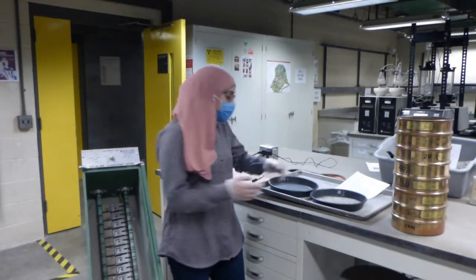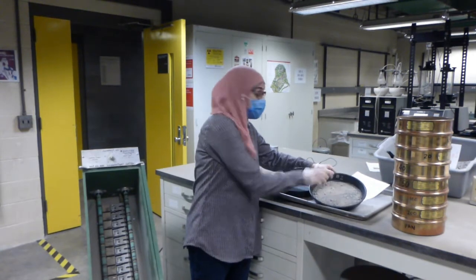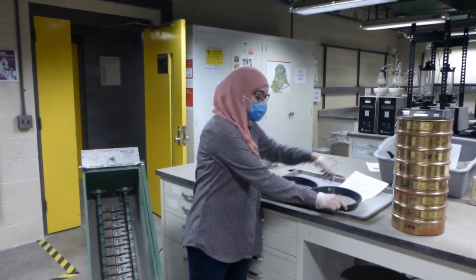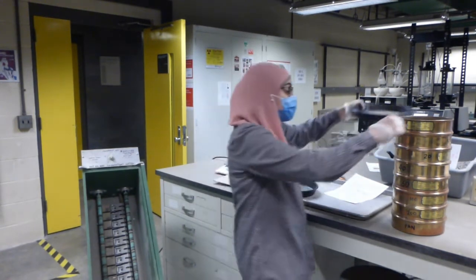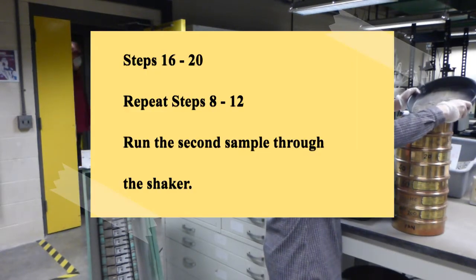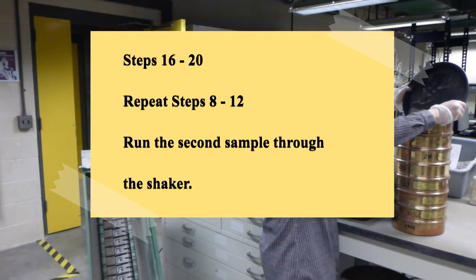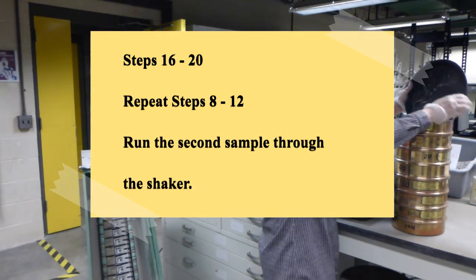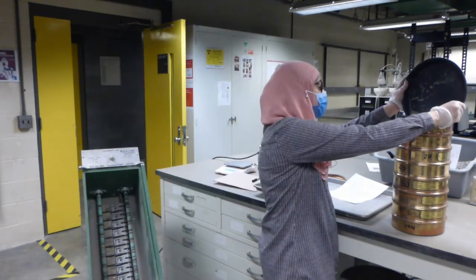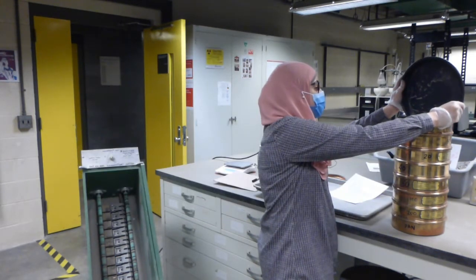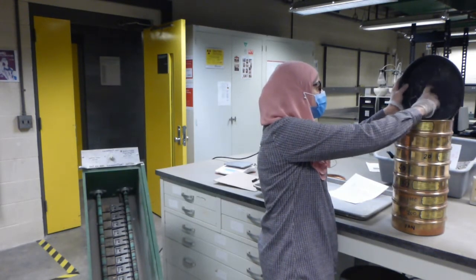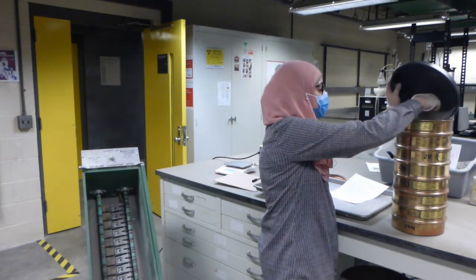Now we will run the test on sample 2, soil type 1. We will again pour the soil into the stack of sieves, being as careful as possible not to lose fines. However, you can see the cloud again.